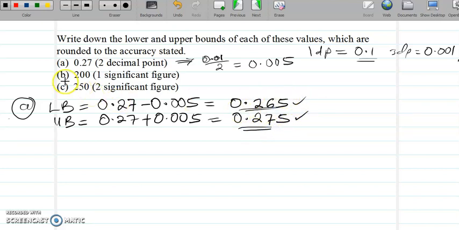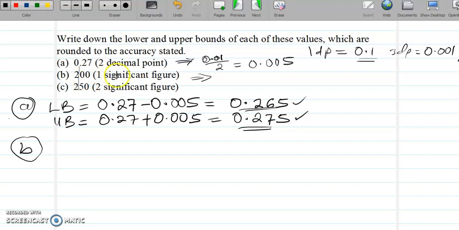Okay. Now in the B part, significant figure, we have to be very, very careful. We are asked to find the lower boundary of 200 to 1 significant figure. To 1 significant figure, we have double 0, which is equivalent to the nearest 100.